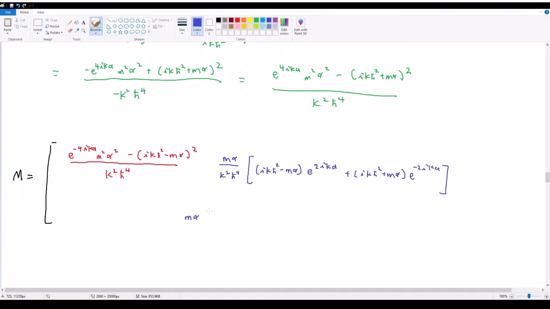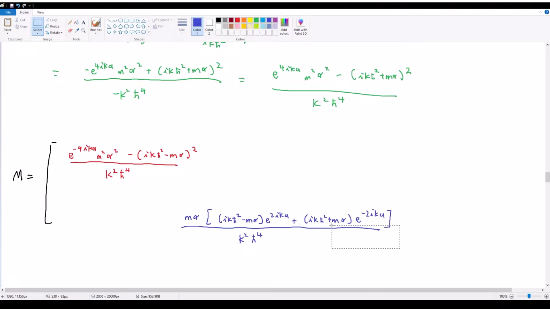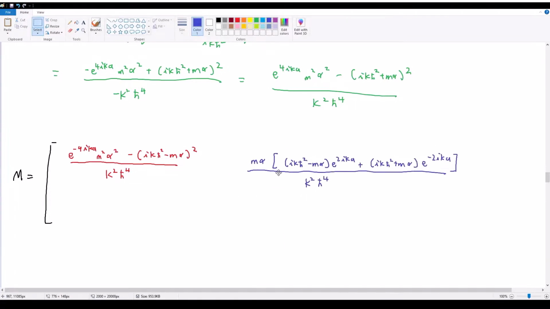M alpha multiplied by ik h bar squared minus m alpha times e to the 2ika plus ik h bar squared plus m alpha e to the negative 2ika. Close this off and then divide everything by k squared h bar fourth. Delete this expression and substitute it in with this.